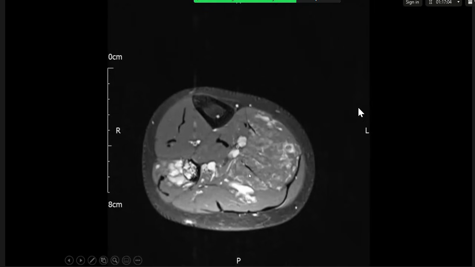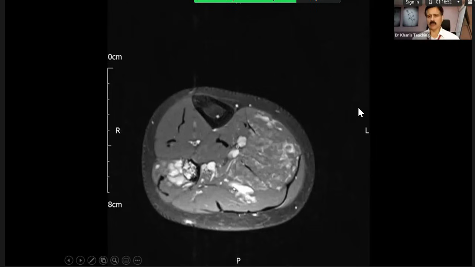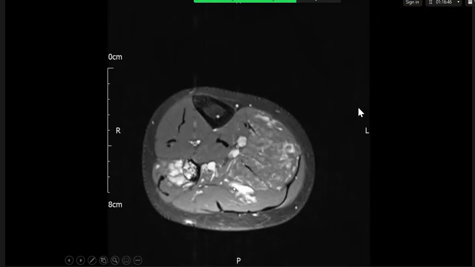There appear to be areas of increased enhancement, and once again, I can see bright enhancing signal within these areas, which will be more in keeping with a vascular malformation of the lower limb. What do you mean vascular malformation? Which kind of vascular malformation? I think it's a venous malformation.